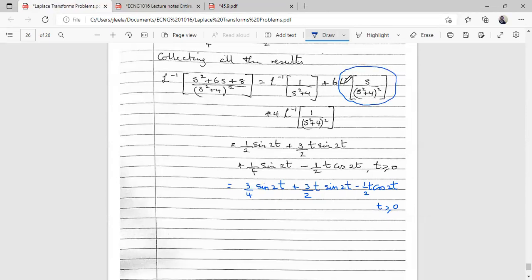Now remember the Laplace inverse of this here, you have to multiply it by 6, and we end up getting this here.